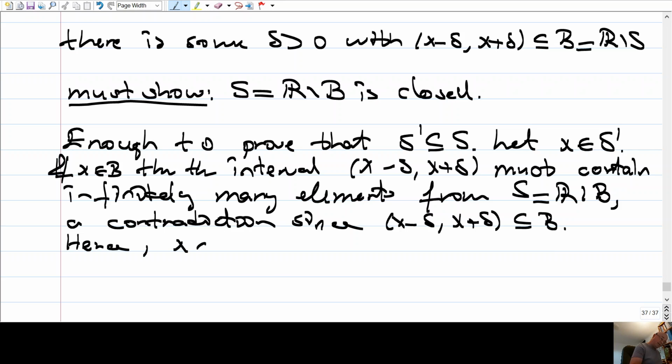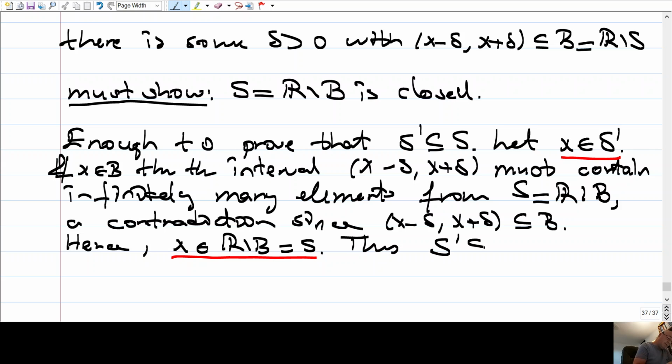Hence, X should be inside R minus B, which is S. So we proved the following: if X is in S prime, then X is in S. Thus S prime is in S, and therefore S is closed.